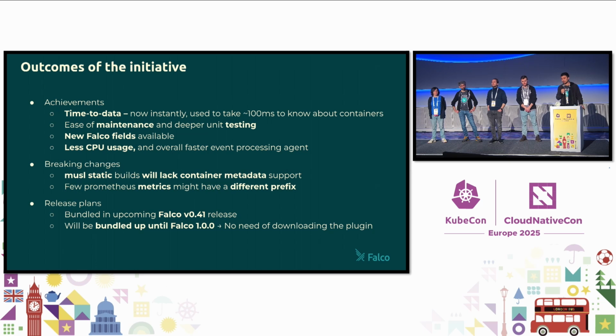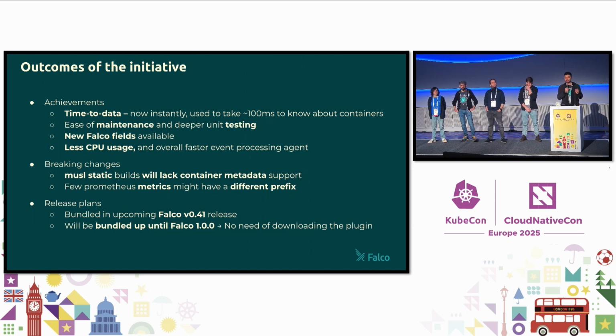There's a couple breaking changes. The plugin system is not supported by the static builds with musl, and so the container metadata will be lost there as well. Plus, for people using the new Falco exported metrics, there's going to be a couple numbers that are going to change the prefix, because now it adheres to the same prefix of the plugin system as well. And this is due to be released in 0.41, which is supposed to happen in a couple of months, so stay tuned.